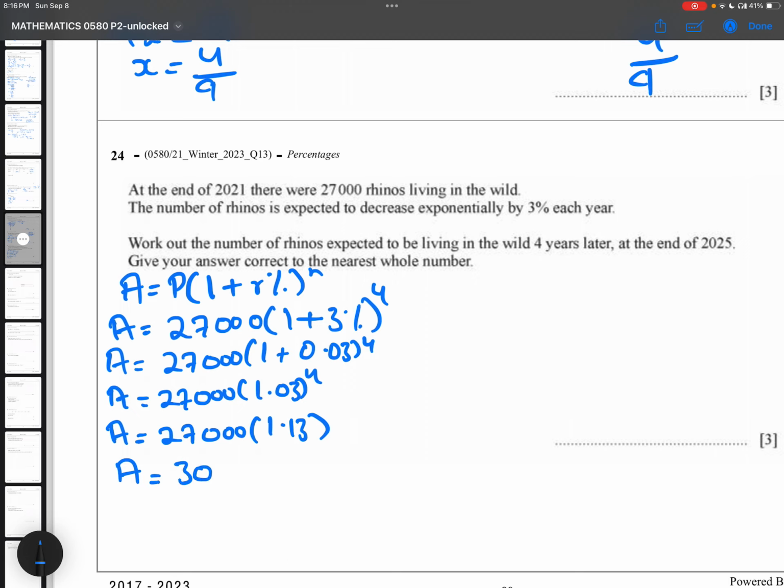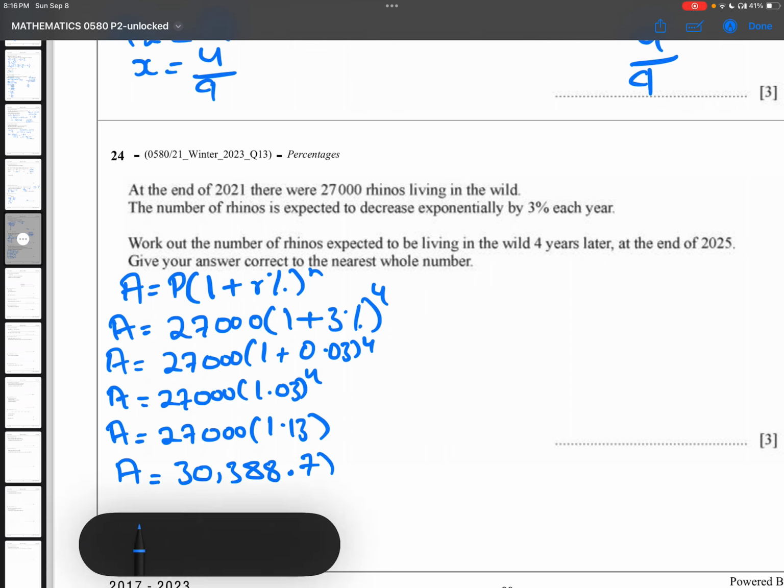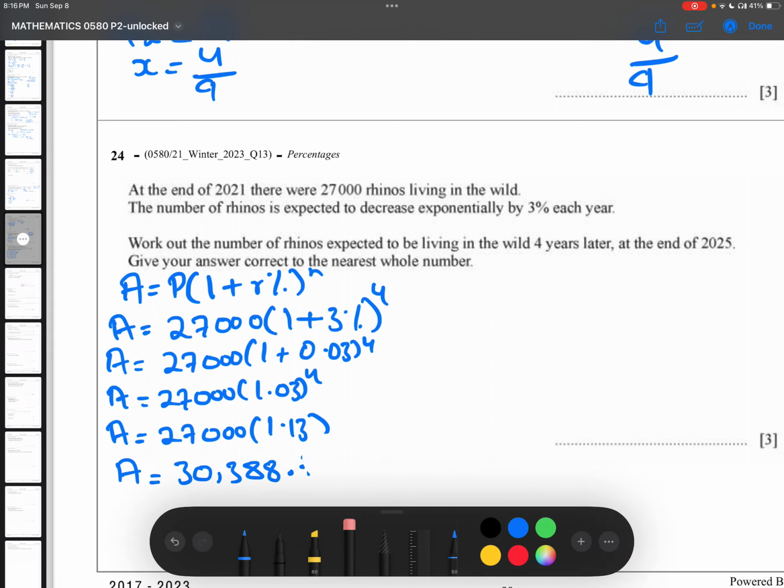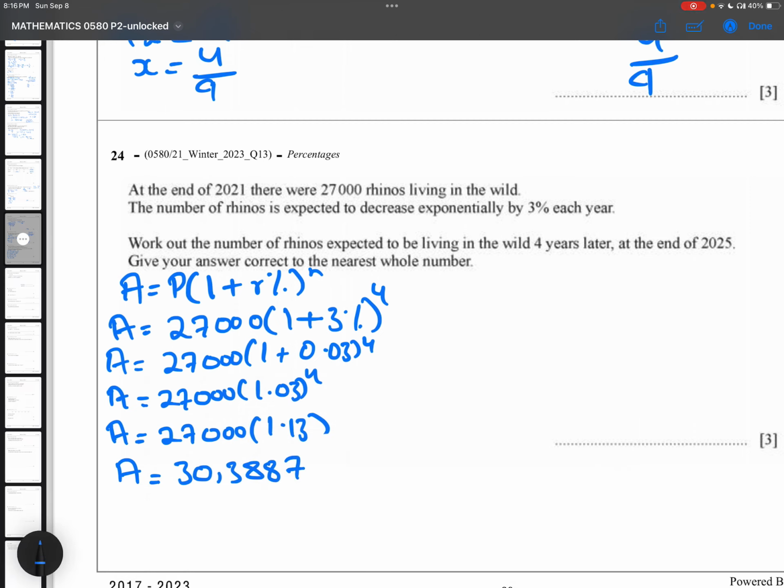The 0.7 means there cannot be 30,388.7 rhinos.